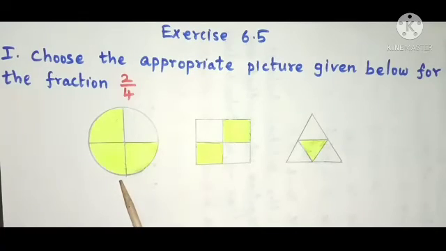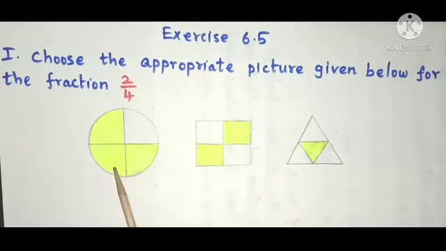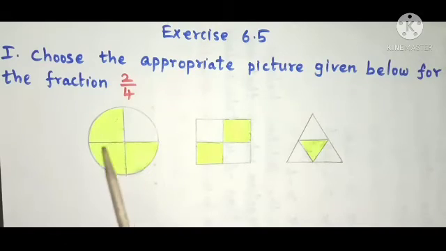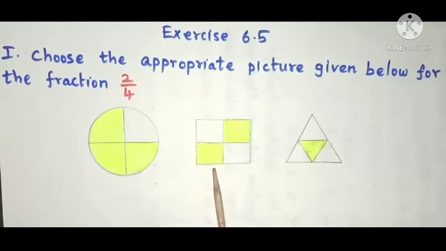In the circle, 3 parts are shaded. The number of parts shaded is 3. What is the fraction of shaded portion here? 3/4.